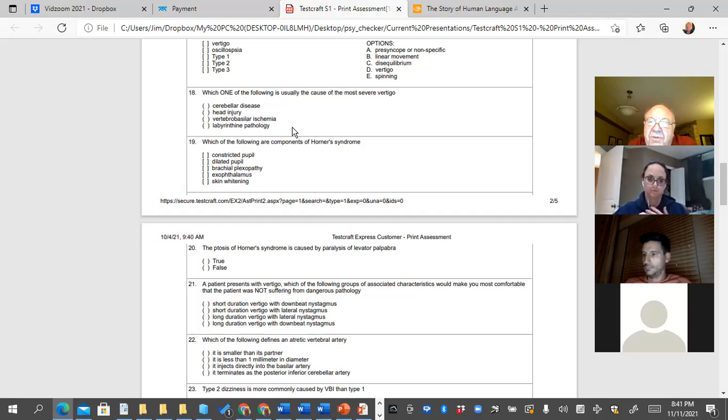If you've ever seen anybody with Meniere's, you know damn well it's labyrinthine pathology. These people can't even move their eyes without spinning and throwing up. So don't get confused by the question. It's not the most severe pathology, which I would agree with you is vertebral-basilar ischemia from our perspective anyway. It's the most severe vertigo. Is that okay? Yep.